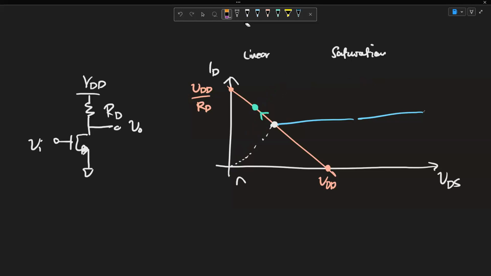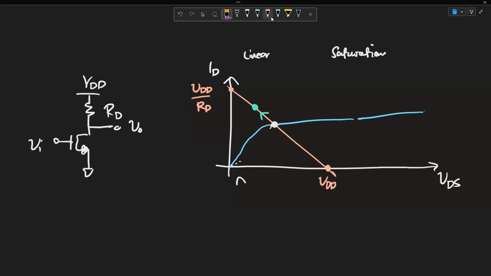And how do we affect the load line? Well, since a line is uniquely identified by 2 points, we have to change either this or this, and we will have a unique change in the line. So, if we change RD, no?